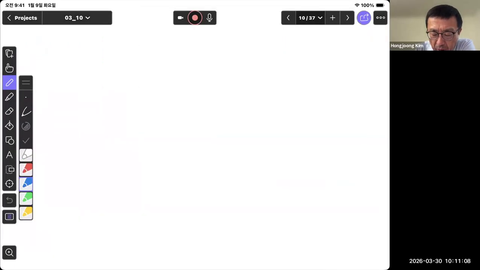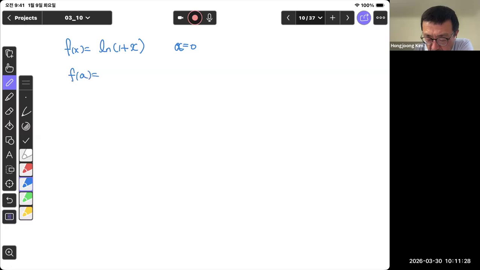Then how about f of x defined by ln(1 plus x)? And let us consider the case when a is 0. Then what is f of a? That is ln(1 plus 0), which is ln 1, which is 0.